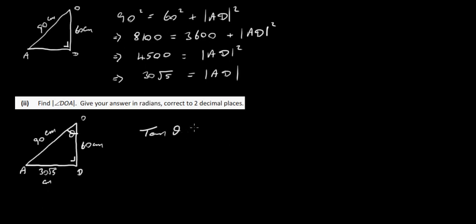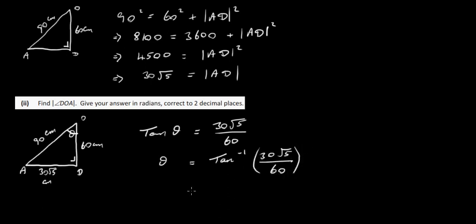So tan theta here, tan of the angle DOA, is going to be equal to opposite over adjacent, so it's going to be 30 root 5 divided by 60. So theta then, our angle theta here, is just going to be tan inverse 30 root 5 over 60.